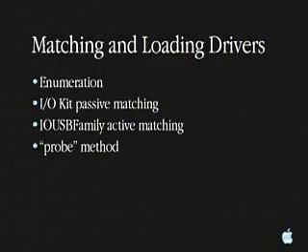This creates a ranked list, and then IOKit goes through the drivers and can call the probe method such that any driver in the list can say, no, I'm not interested in controlling that device.